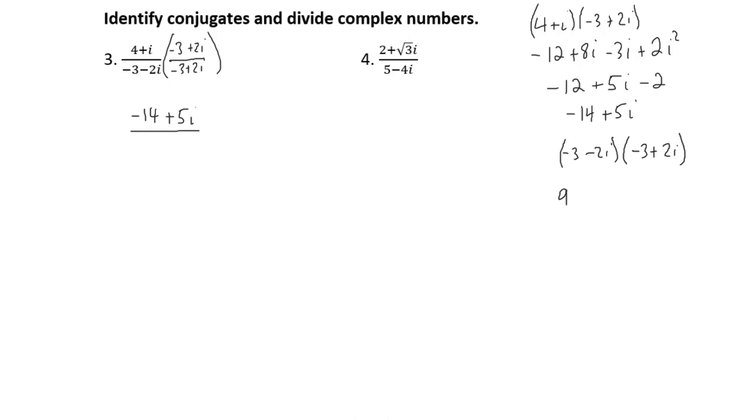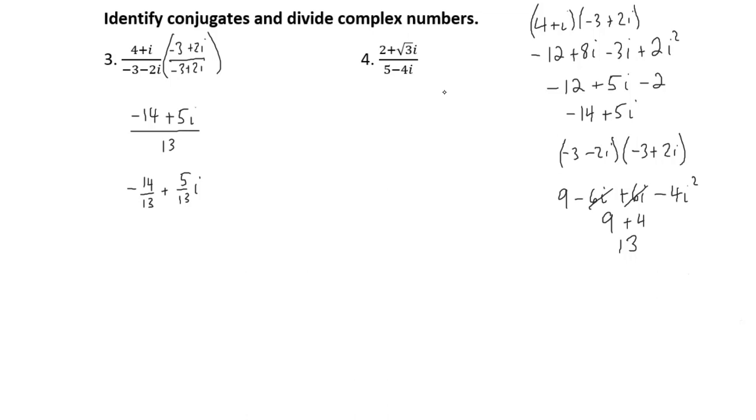So negative 3 and negative 3 give us 9 minus 6i plus 6i minus 4i squared. Middles cancel, and that's 9 plus 4, which gives us 13, which we would then write as negative 14 over 13 plus 5 over 13i.